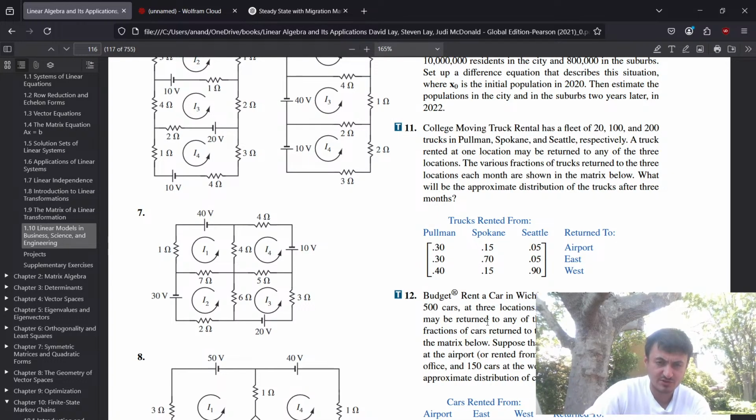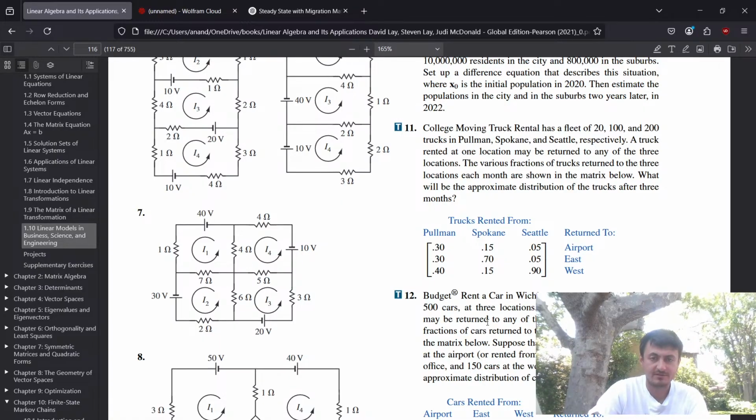Now I3 is going to be 20 is equal to 14 I3 minus 6 I2 minus, geez, I just look at these diagrams and I glaze over, man. Minus 5 I4.